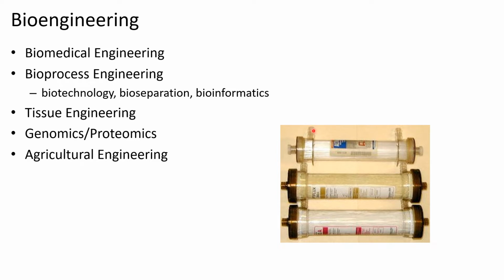This fluid is introduced through this port right here. From this port, it flows around the outside of the fibers and eventually will come out over here. As it flows through here, wastes that are in the blood are removed and accumulate in the stream that is removed from here. And the clean blood here goes back into the patient. What you see here are just a number of different designs provided by different manufacturers.